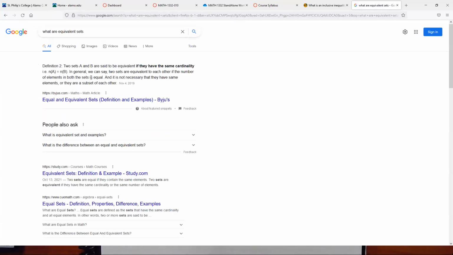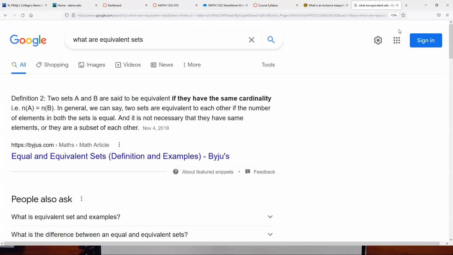Two sets A and B are said to be equivalent if they have the same cardinality, meaning same number of elements. It is not necessary that they have the same elements or that they are subsets of each other. So as long as they have the same cardinality, we say equivalent.